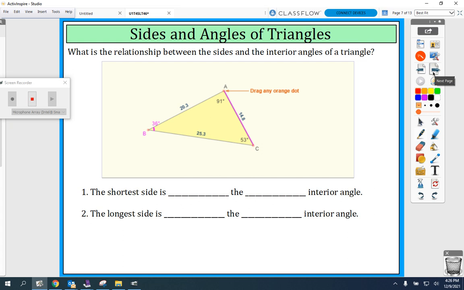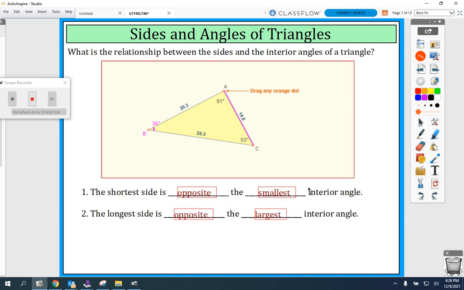We have sides and angles of triangles. In this case, we know that the shortest side is going to be opposite the smallest interior angle, and the longest side is opposite the largest interior angle. We talked about this yesterday when we said that if we have two sides that are congruent in a triangle, we were talking about an isosceles triangle, that the angles opposite those are also congruent.